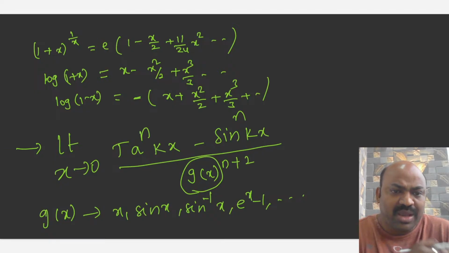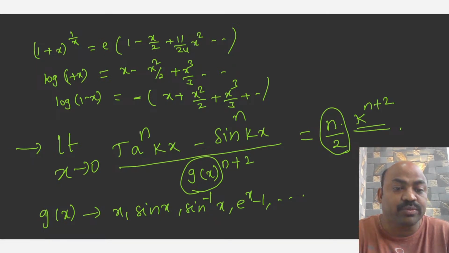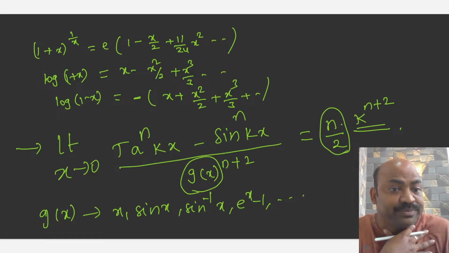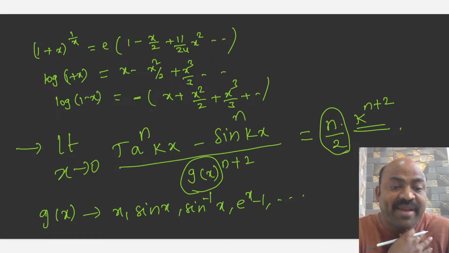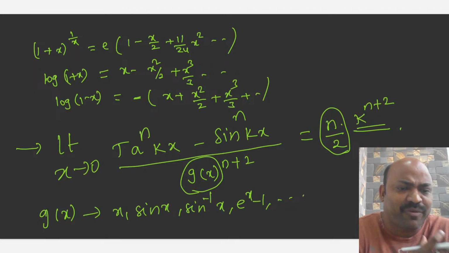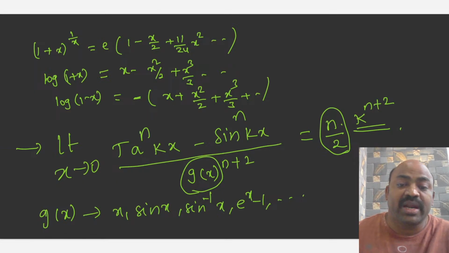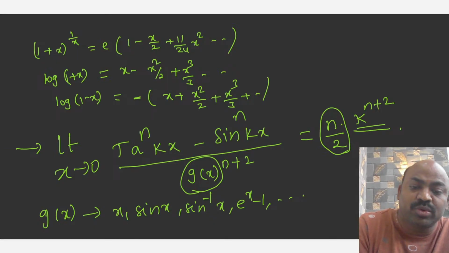Clear? In all such cases, the answer is n into k^(n+2) by 2, or you can write n by 2 into k^(n+2). Spell again: n by 2 into k^(n+2). What a powerful, beautiful concept it is. Now I will give you a few questions. Let me check how many of you are able to attack this.